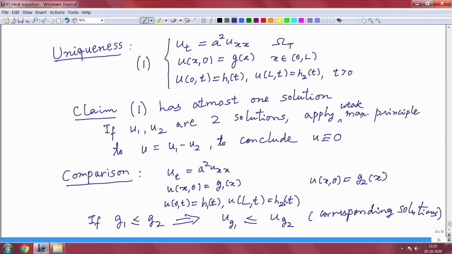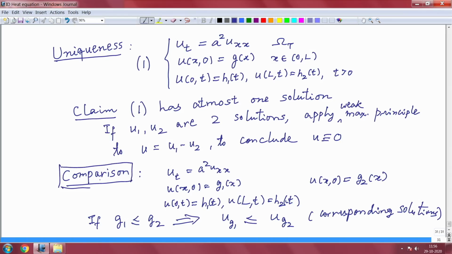So, you can also take different boundary data, and if some inequality holds between them, then the corresponding solutions will also maintain that inequality. So, these are called comparison results.